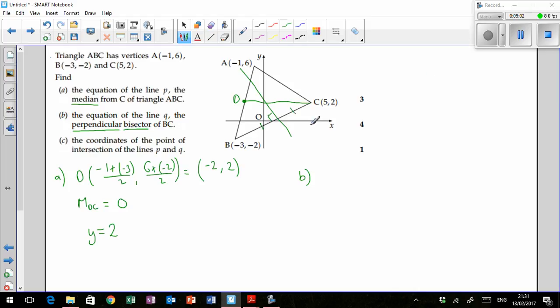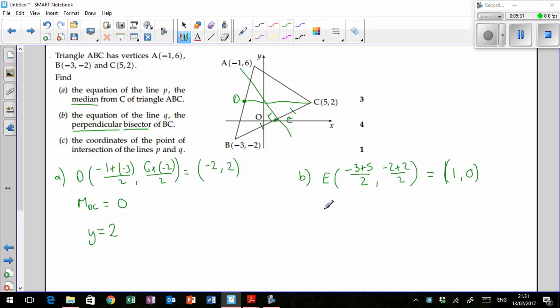So we need to do both here for the perpendicular bisector. So the midpoint of B and C, let's call it E just now. And you don't have to be calling it that, but just to make it very clear. It's going to be negative 3 add 5 over 2, and negative 2 add 2 over 2, which equals 1, 0.